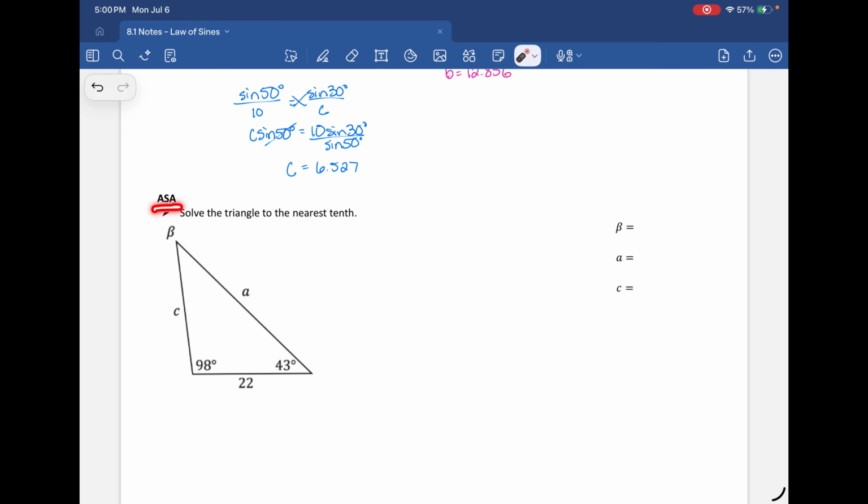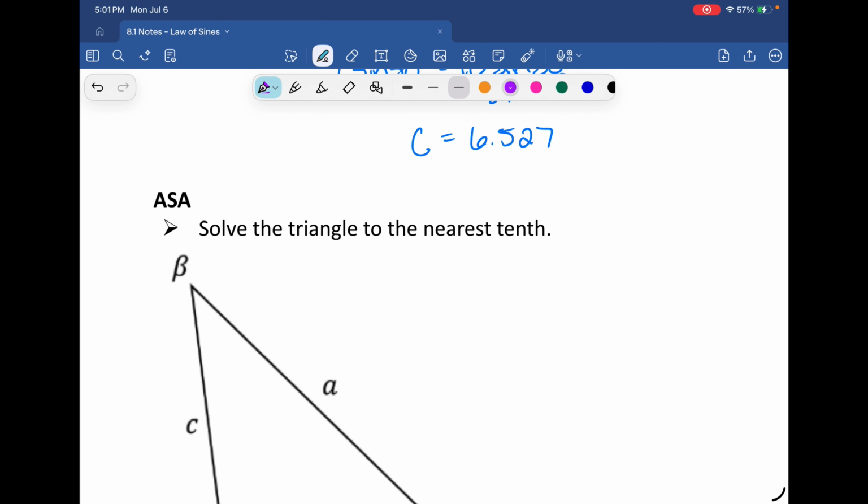Our next example: angle, side, angle. So we know two angles and one side. Order doesn't really matter on that one.